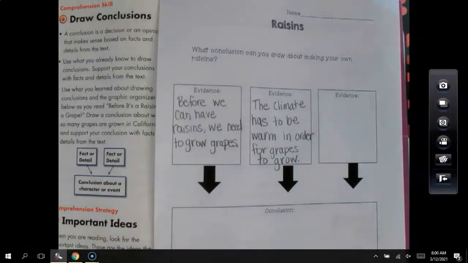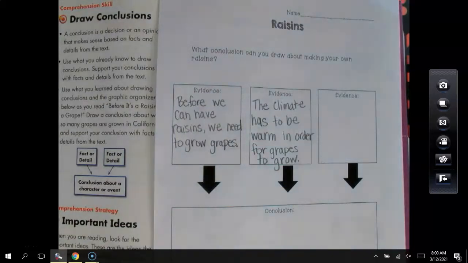I also know from prior knowledge that if I want to grow something, it is going to have to start happening late spring in the summer, because I know that there's not many things that grow in the winter. So I activated my prior knowledge that I know that when we grow things, the weather has to be warm.